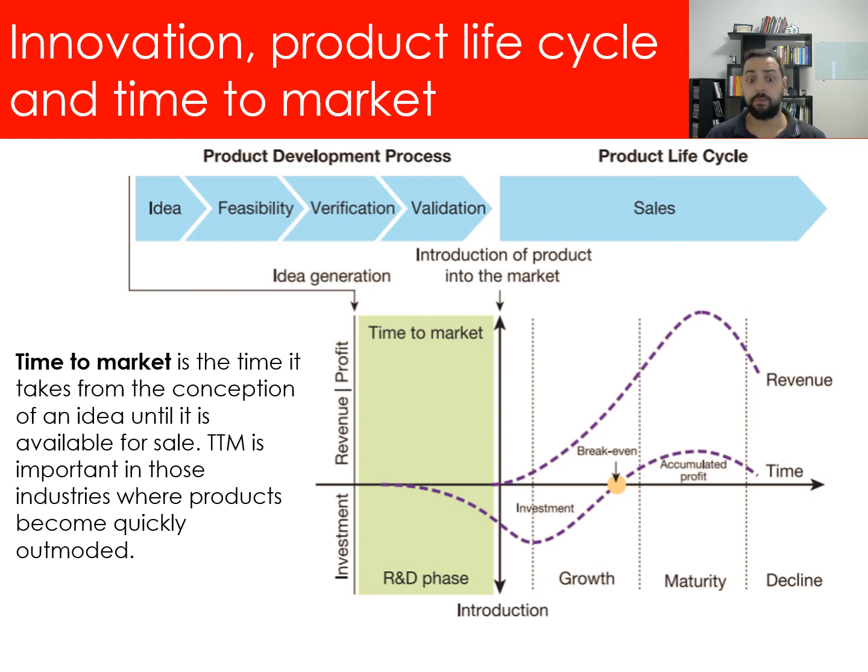So we are launching products even faster. So you need to reduce the errors during the innovation phase of your process, also named the product development process. And also you need to manage more carefully your product life cycle.